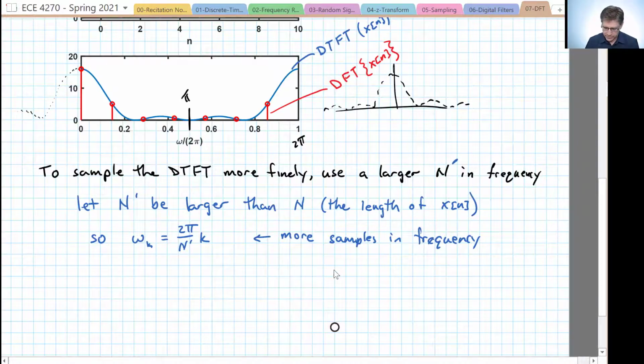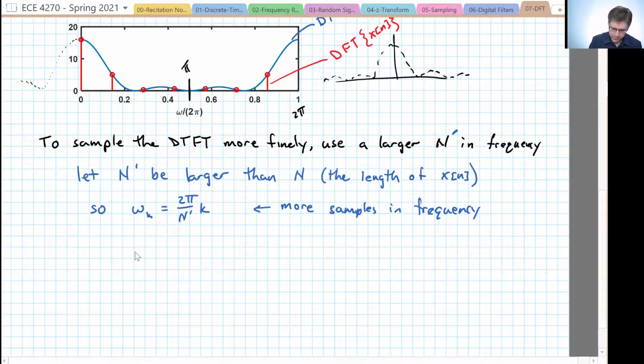So in this case, we now have x of k is equal to the sum from n equals 0, and we're just going to have our old n minus 1 up there because x didn't get any longer.